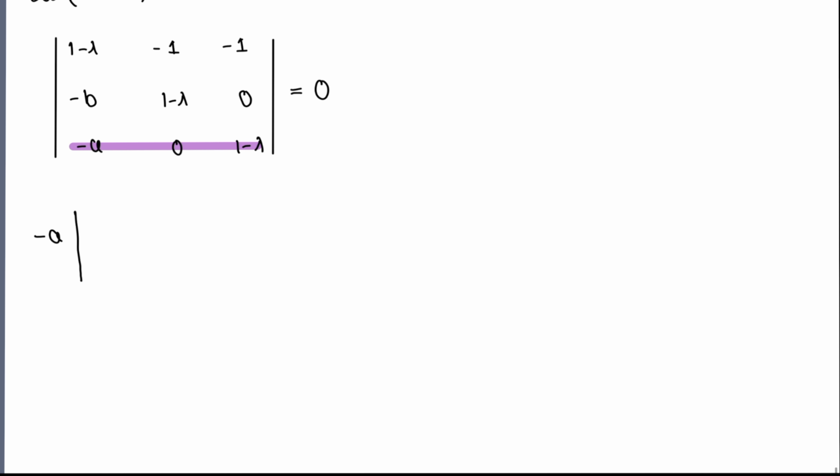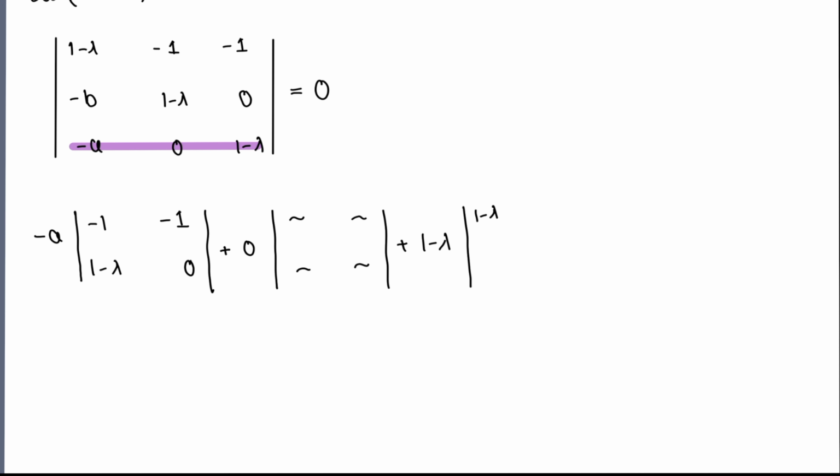So we get minus A times the minus 1, minus 1, 1 minus lambda, 0 matrix, and then plus 0, and then it doesn't really matter what this matrix is, and then plus 1 minus lambda times the 1 minus lambda, minus 1, minus B, 1 minus lambda matrix over here. Cool.